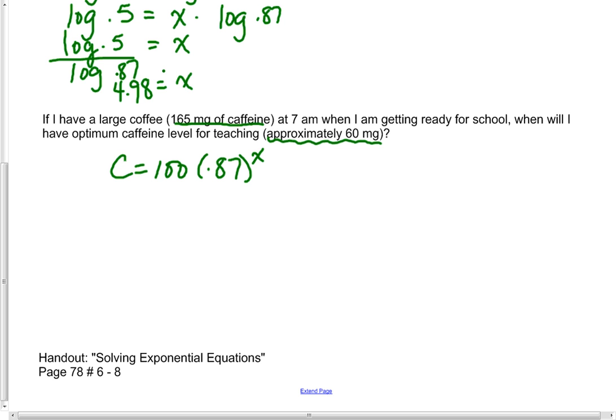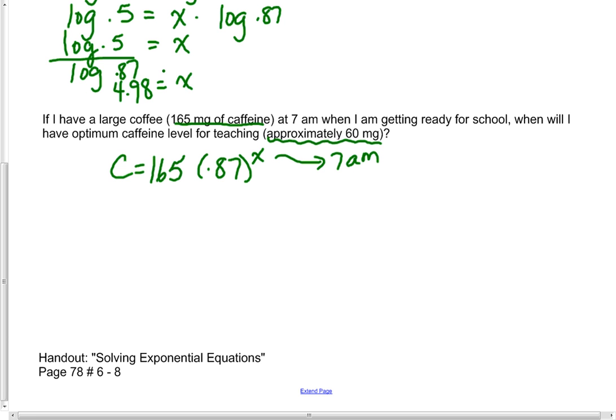This time I am talking about milligrams. I have the same ratio of decay, but I'm going to be talking about milligrams now instead of percent. So if I start with 165, and this is from 7 a.m., I want to know when, after 7 a.m., I am going to have 60 milligrams.